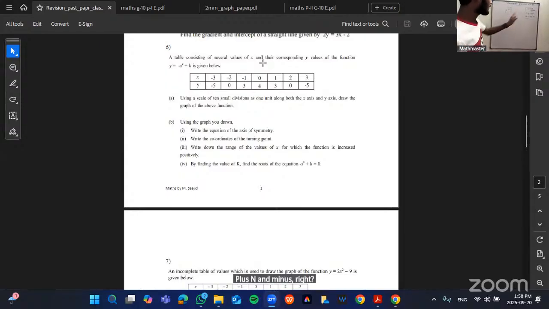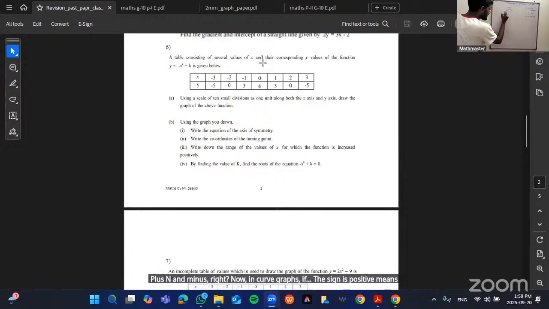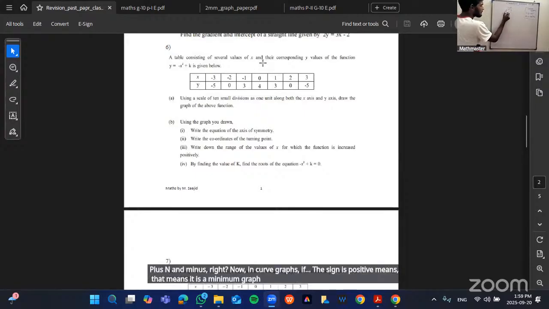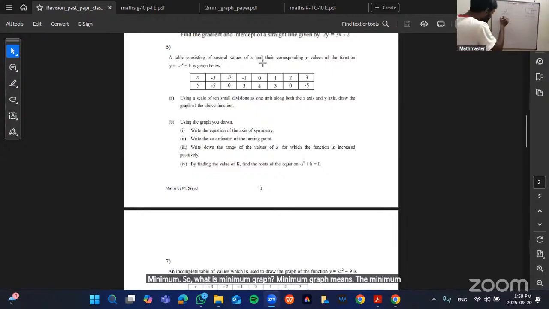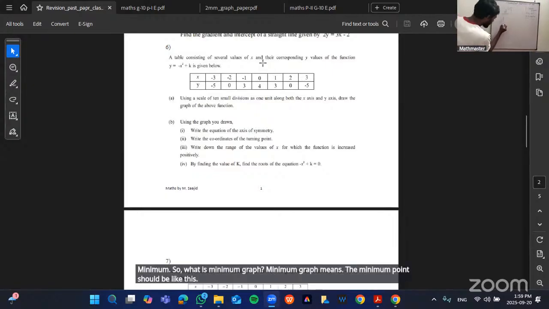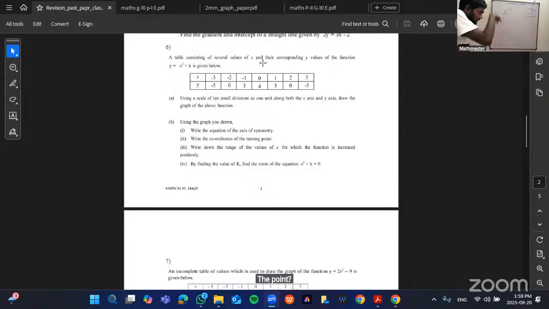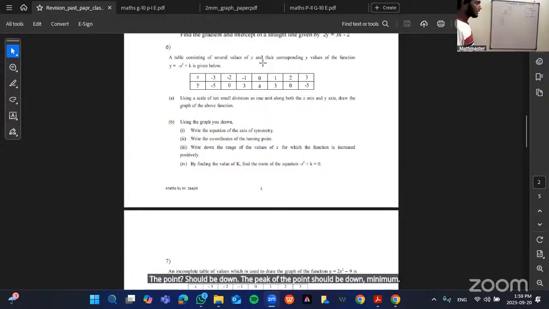Now in curve graphs, if the sign is positive, it is a minimum graph. What is a minimum graph? A minimum graph means the minimum point should be down, the turning point should be down. That is a minimum graph.